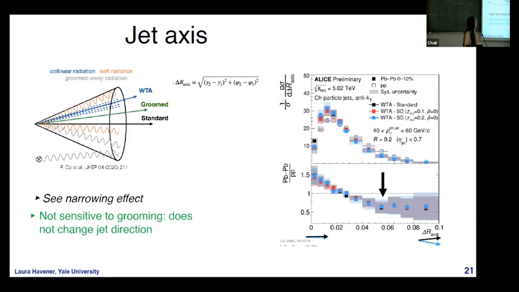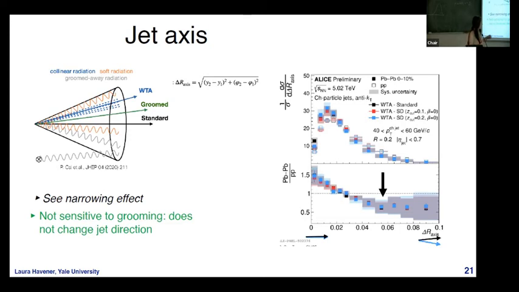And then finally, returning to these hadron level observables, another new measurement from ALICE looked at the jet axis. This measurement has three different axes, the winner-take-all, the groomed axis, and the standard axis, and simply looks at the difference between the axes. Focus on the bottom panel, the ratio of the lead to the PP. This shows the difference between the WTA and the standard axes compared to the difference between the winner-take-all and the groomed axis.